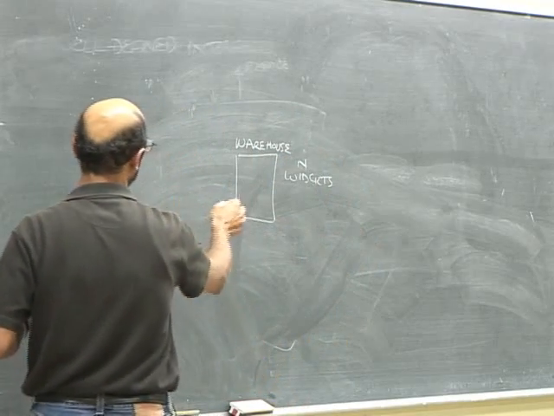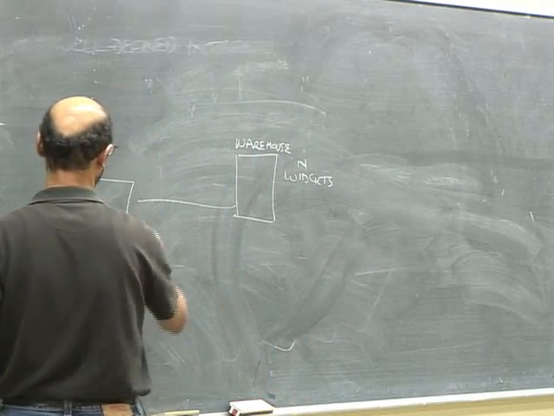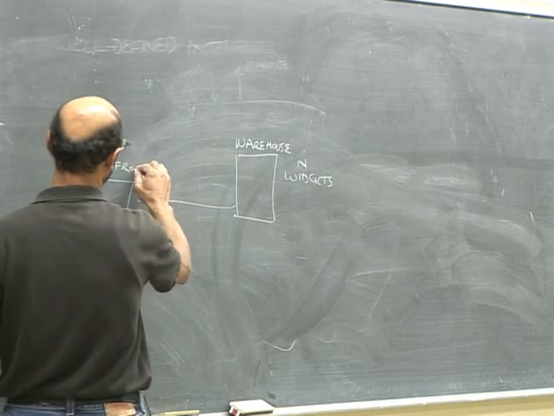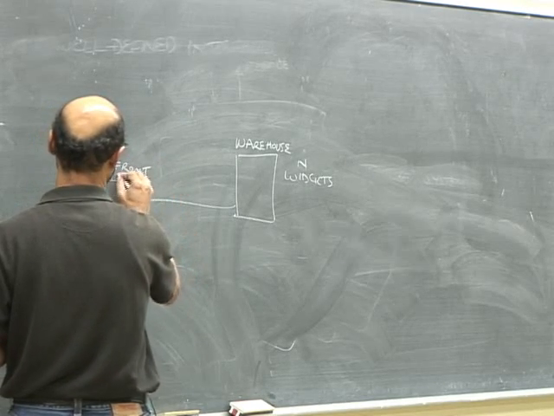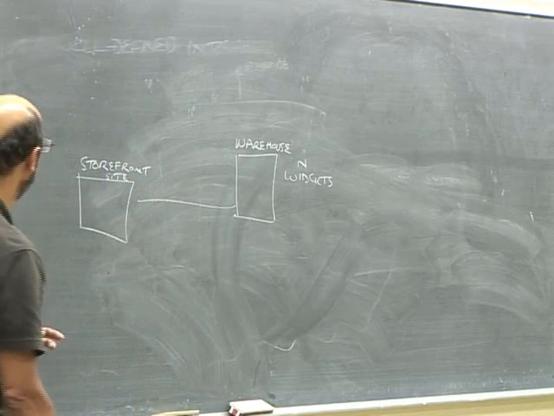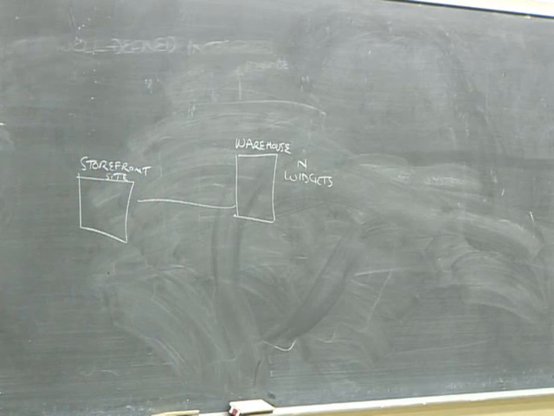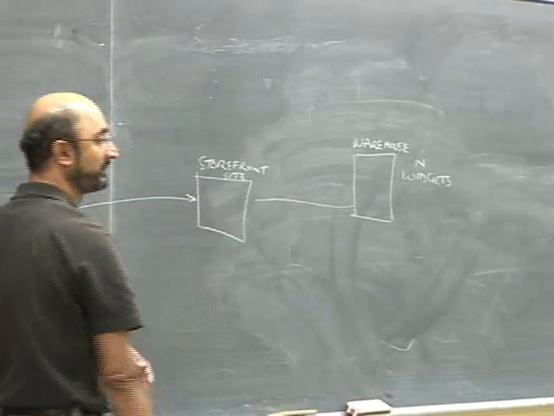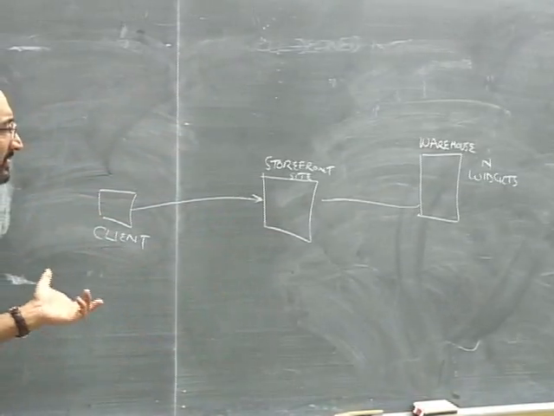So what I'm going to do is put a storefront website on it. Okay. And then I have a client over here. The client goes to the storefront website and says, I want to buy, whatever, 20 widgets.